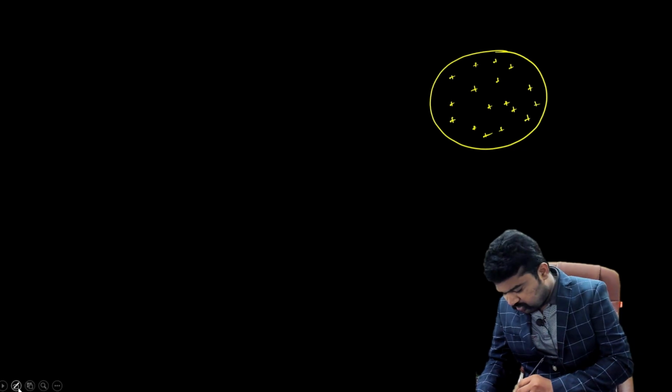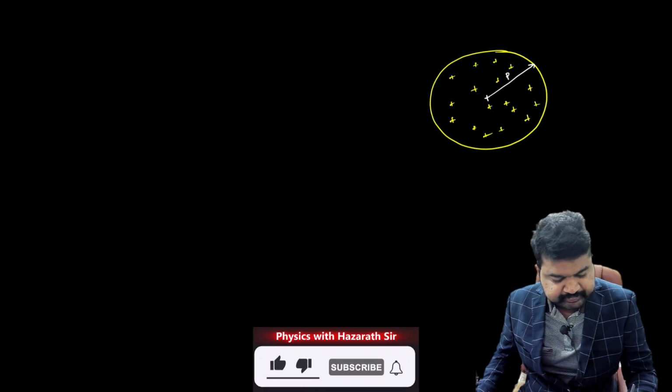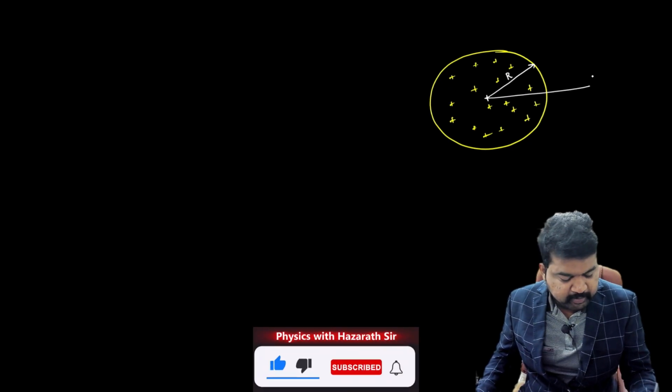It is a solid sphere with volume distribution, an entire non-conducting sphere, uniformly charged with volume distribution of the charge. This is the radius of the sphere, and we are taking a point at a distance r.